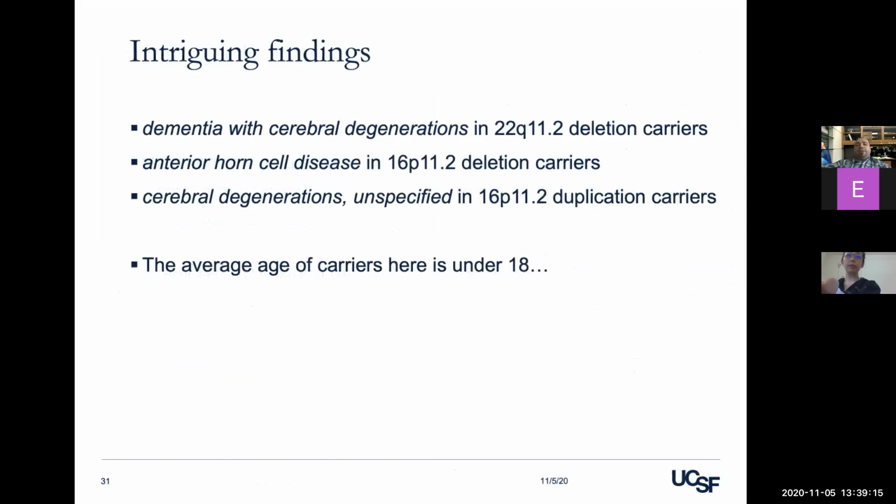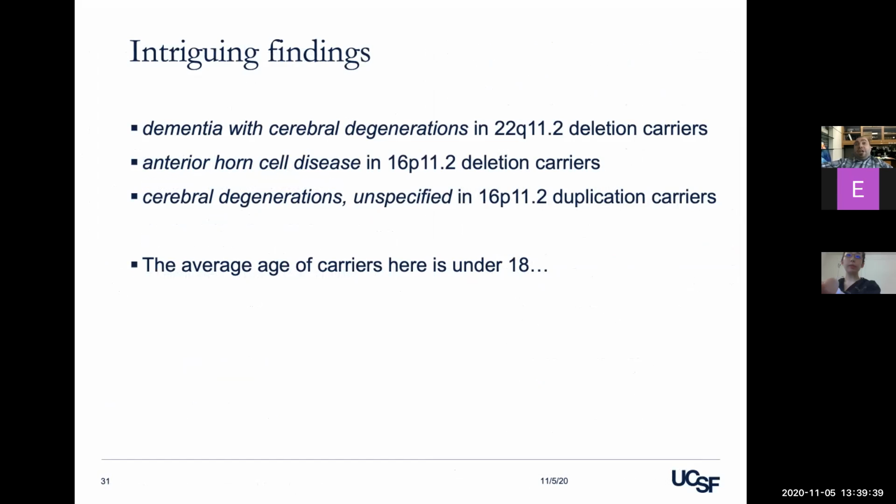There's also a couple of intriguing findings here. So in 22q deletion carriers, one of the traits that was overrepresented was dementia, 16p anterior horn disease. So this is kind of like ALS, and then cerebral degenerations in 16p duplication carriers.